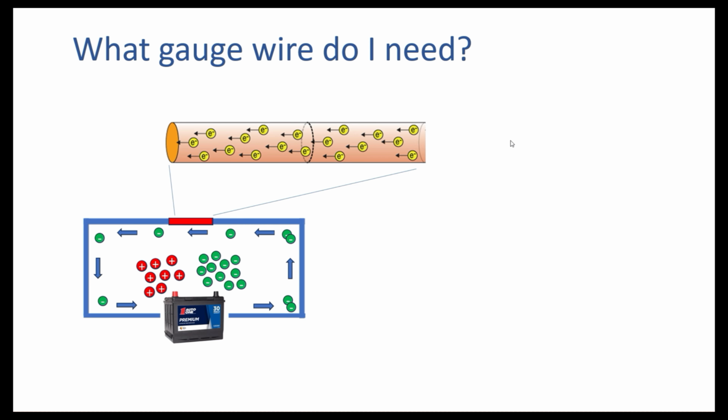If you keep putting more and more electrons through, they're being forced closer and closer together, and they start bumping into things and causing friction, which generates heat. And that's why your wires warm up. And if you push too much electrical current through those wires, they'll go from just warming up to actually catching on fire, or melting, or failing in some way, right? And that's where wire gauge is important.